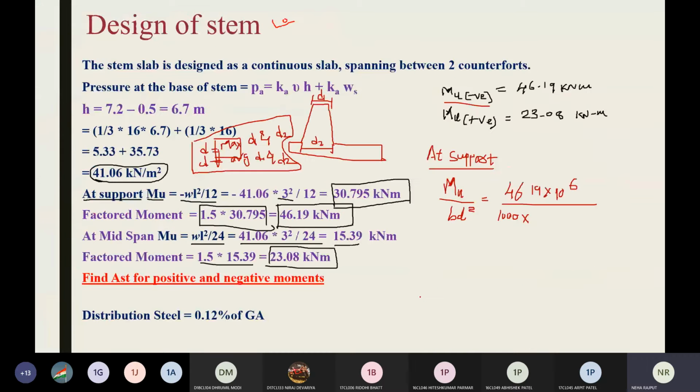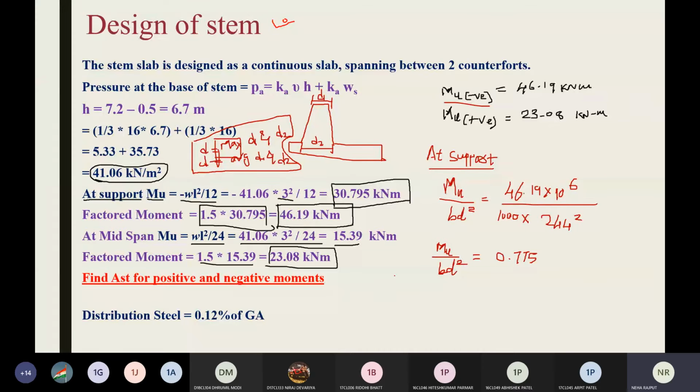So here I am taking that 244 square. So my Mu upon bd square is coming out to be 0.775.